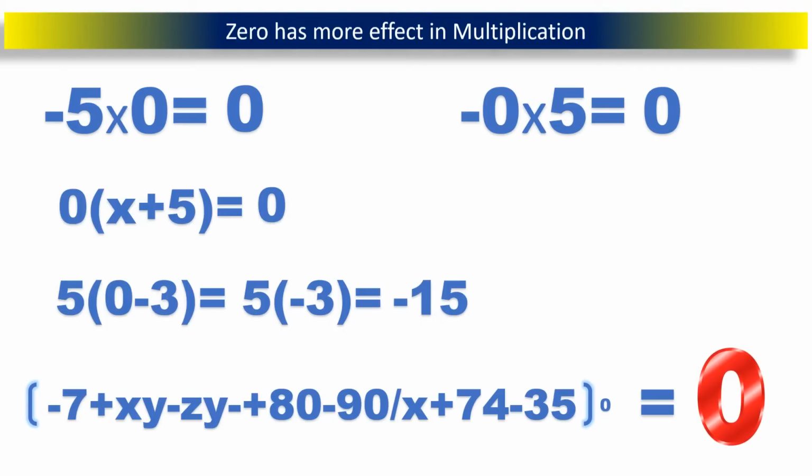So this is how 0 plays different roles in different scenarios. The ultimate power of 0 lies in multiplication. Hope you have got it. We'll move on to the next one.